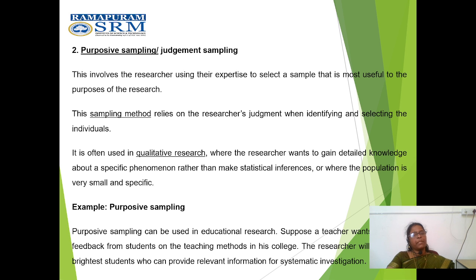Purposive sampling can be used in educational research. Suppose a teacher wants to collect feedback from students on the teaching methods in his college. The researcher will select the brightest students who can provide relevant information for systematic investigation.